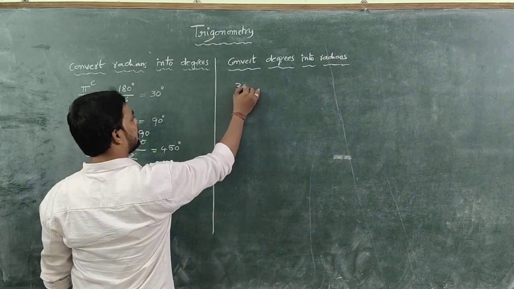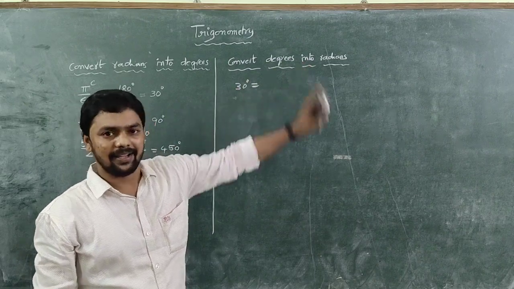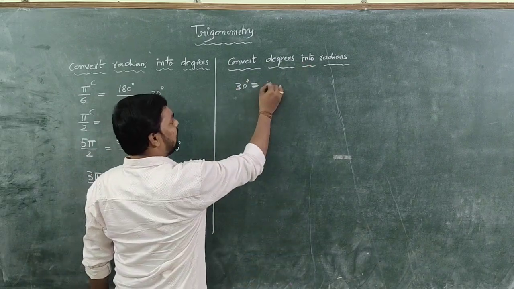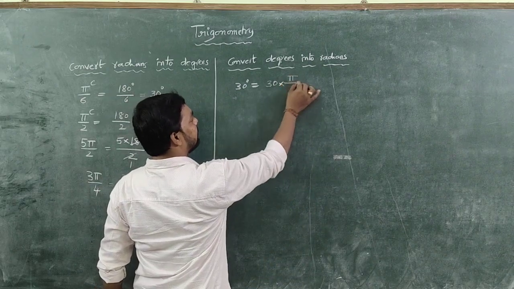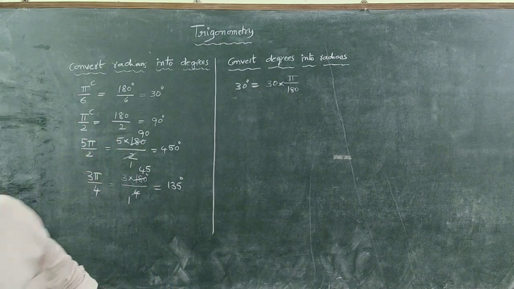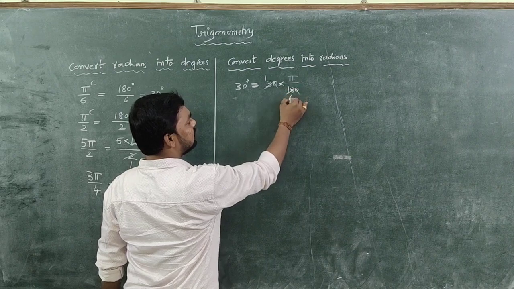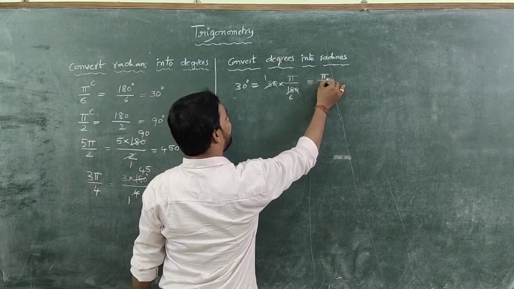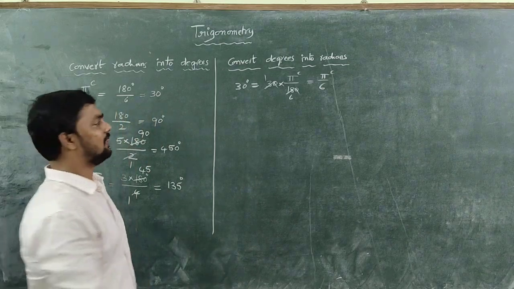Suppose the same 30 degrees is converted to radians. For this we should multiply 30 with pi by 180. Zeros cancel. 3 ones are 3, 3 sixes are 18. So pi by 6 radians.